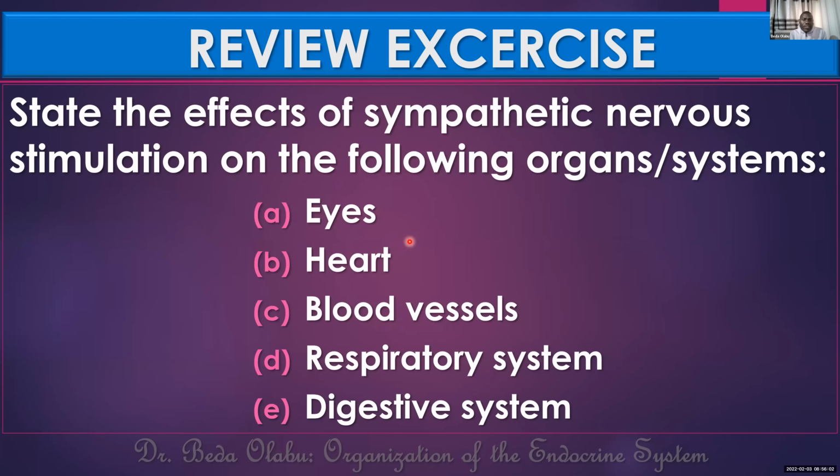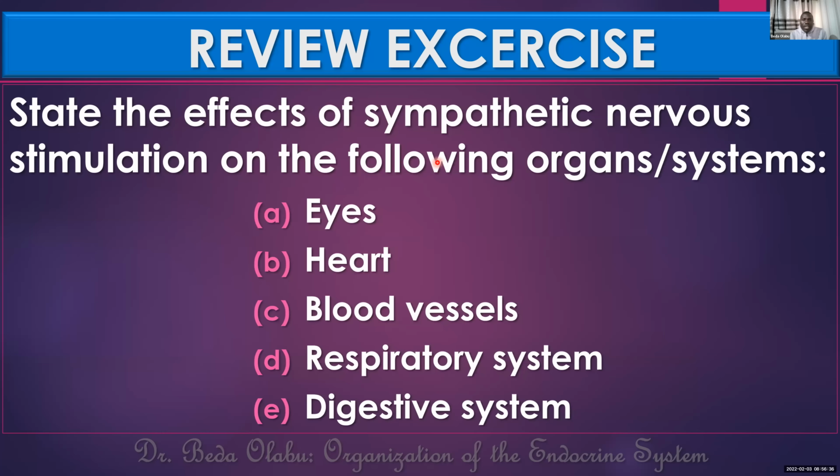What are these sympathetic effects? To help you understand that, I've picked for you some selected organs. I believe you've done autonomic physiology. And so you know the effect of the sympathetic nervous system on the eye, on the heart, on blood vessels, on respiratory system, and on the digestive system.